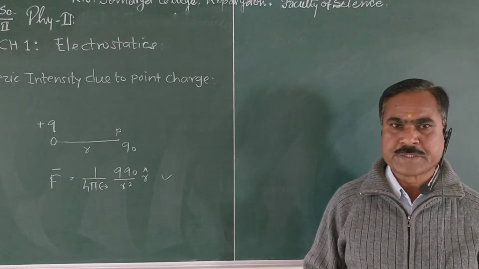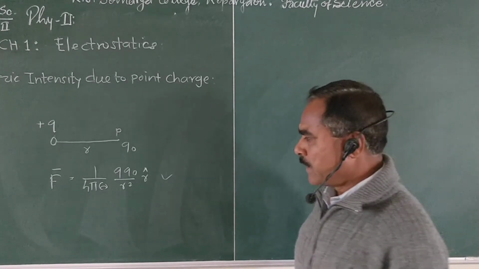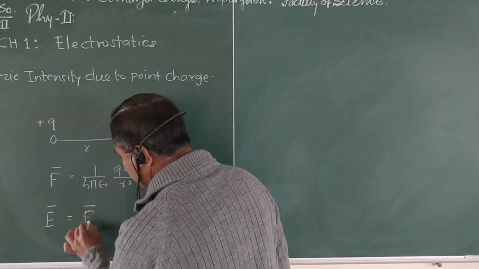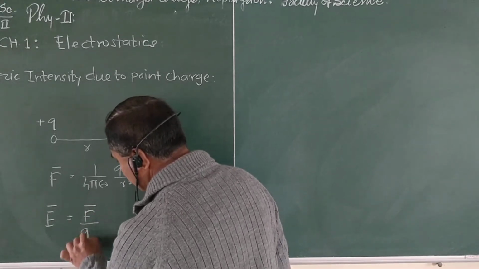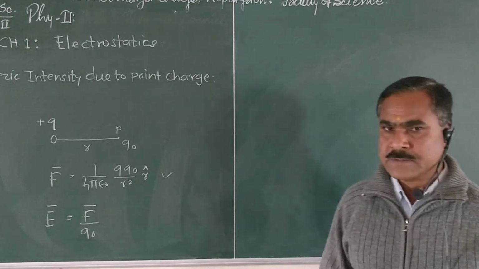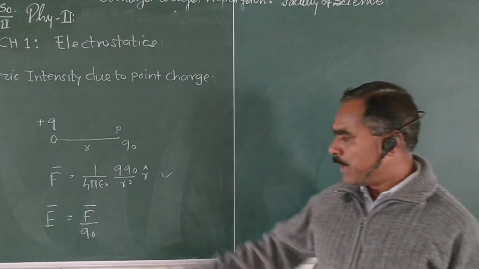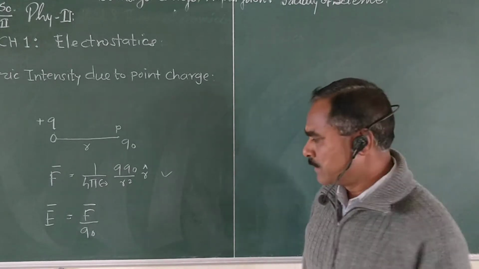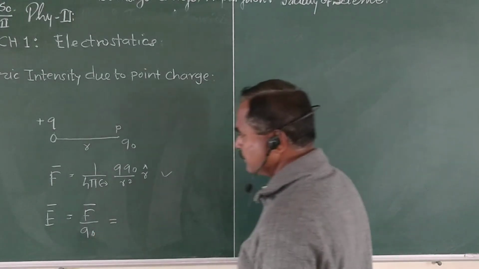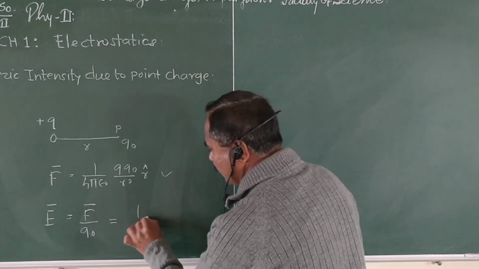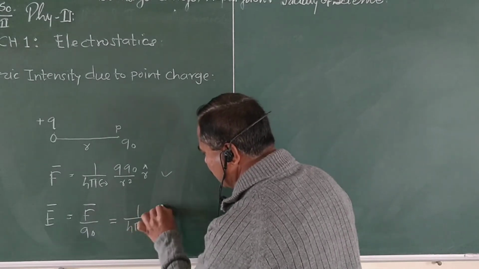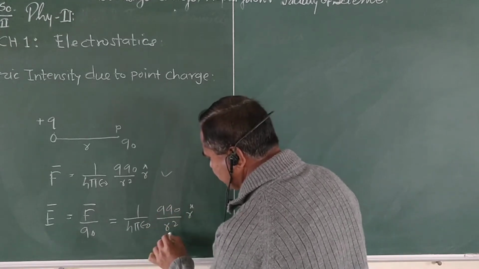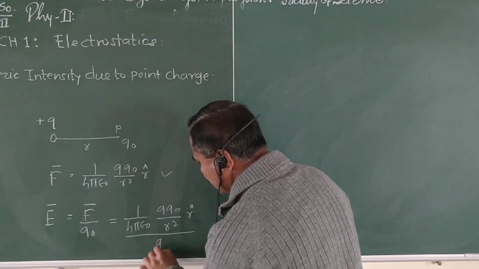Then according to the definition of electric intensity, the electric intensity E bar equals F bar upon Q naught. Here we substitute the value of force from this equation, so I write F bar as 1 upon 4 pi epsilon naught, Q Q naught upon R square into R cap, divided by Q naught.